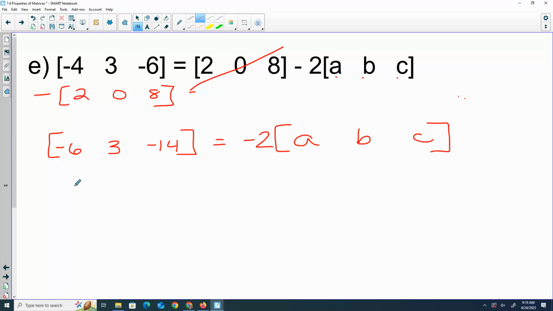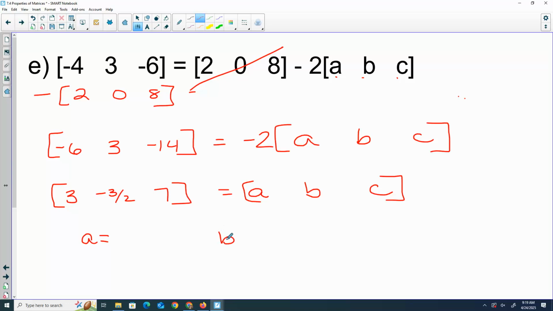And then we would divide by -2. And so for your answer, you just have to tell me what each variable is.